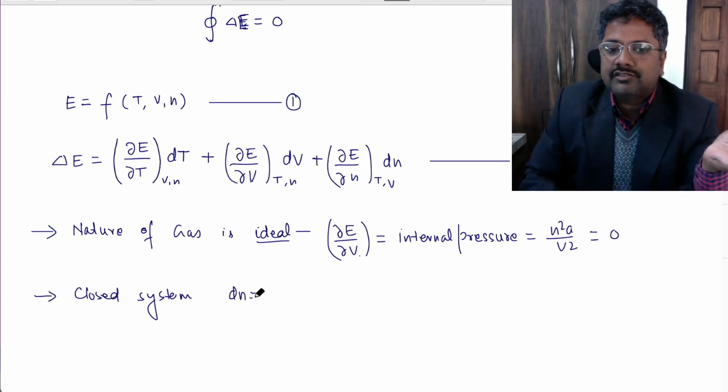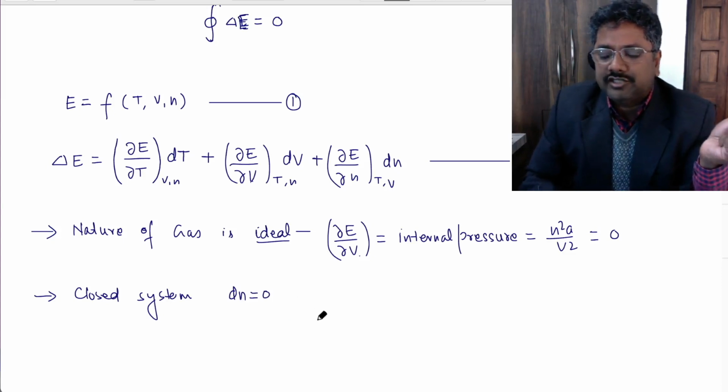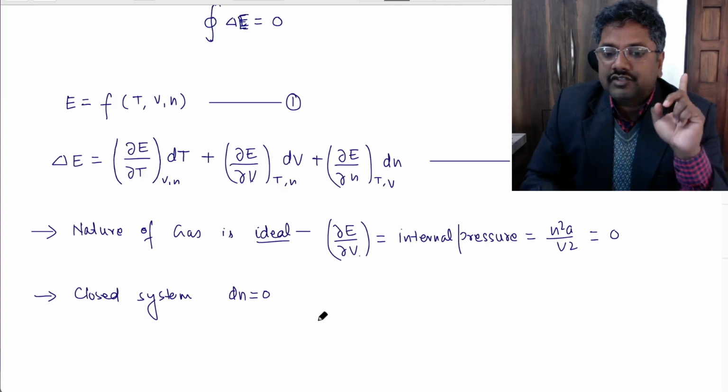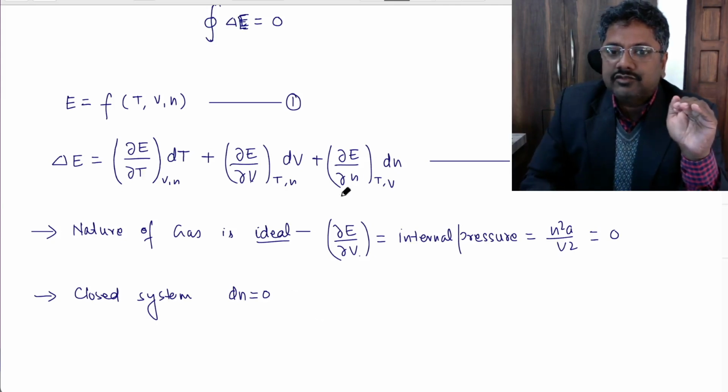So for a closed system, dn is equal to 0, until or unless there is no cleavage of bonds during any process in the system. So this term is also 0, this term is also 0.